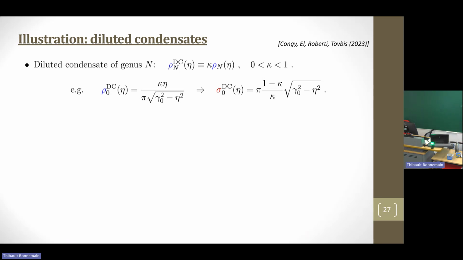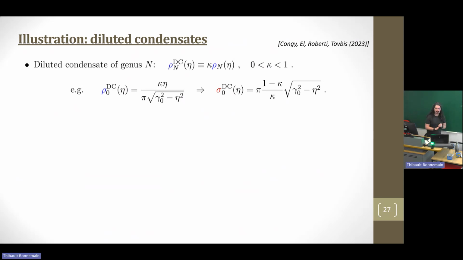So that's what it looks like for genus 0. Then we can plug this into the nonlinear dispersion relation. Then we have sigma. From sigma, we can get the spectral flux using the second NDR. We can get the effective velocity, etc. So I don't write everything, but we know how to compute all the main objects in this situation.